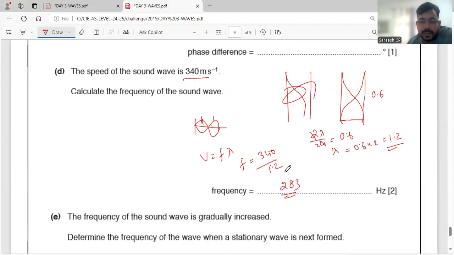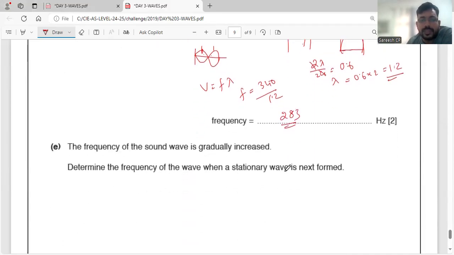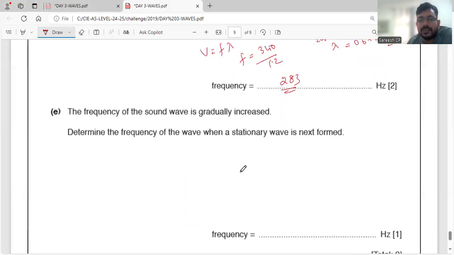Yes. The frequency of the sound wave was gradually increased. Determine the frequency of the wave when the stationary wave is next formed. So let's see that. If we have a stationary wave this way and this way, I can say this antinode formed. Now the next one is this antinode.